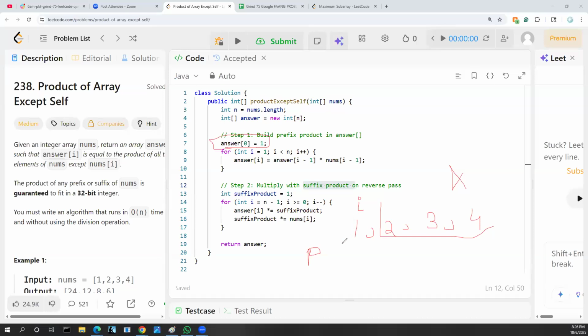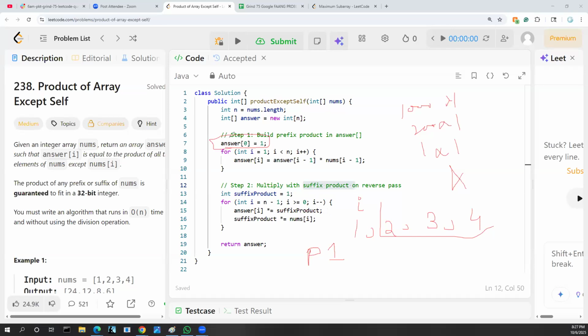Since we're computing prefix, we'll consider the first prefix as 1, because whatever we multiply with 1, that's not going to change the answer. Whether we multiply 1,000 by 1 or 2,000, or just multiply 1 by 1. But if you make it 0, then your entire product can turn into 0, and that's not what we want. In products, we always initialize our integers with 1.